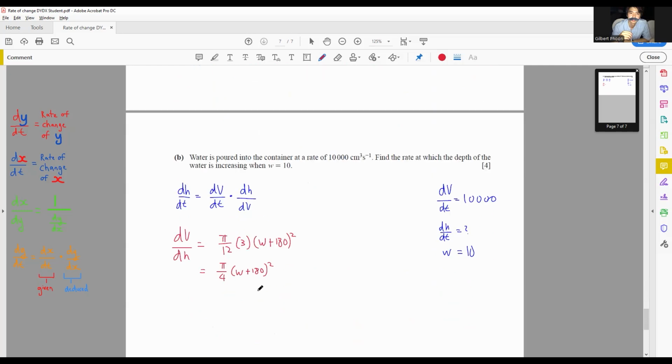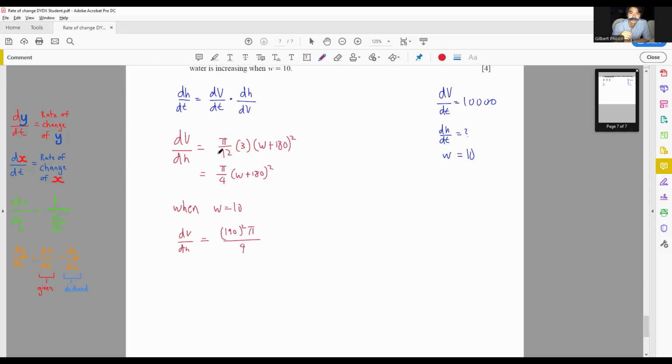Then when W equals 10, dV over dW is equal to 190 squared pi over 4.